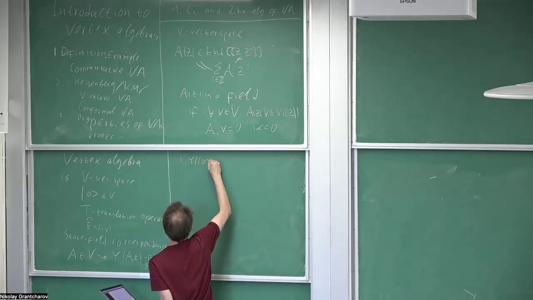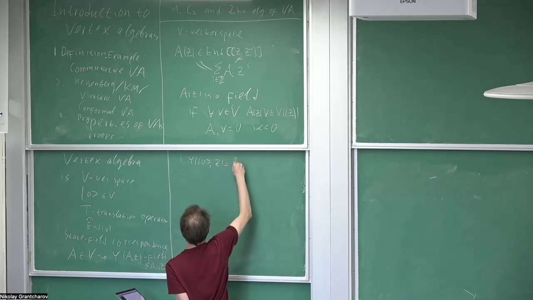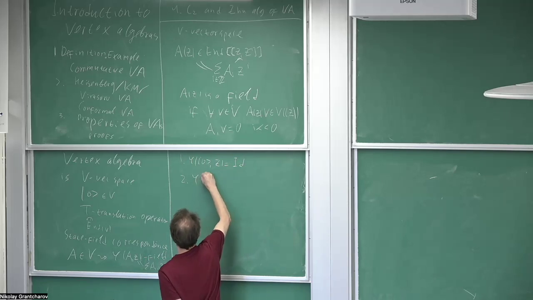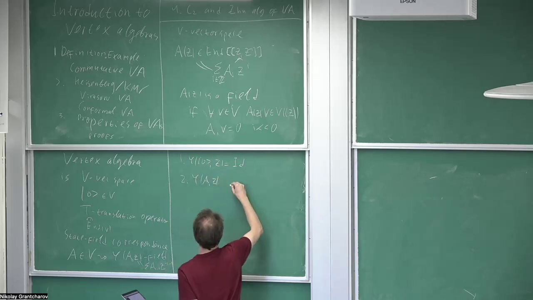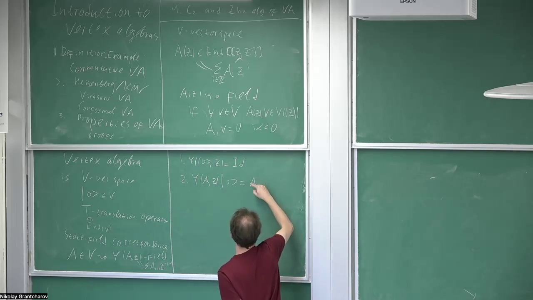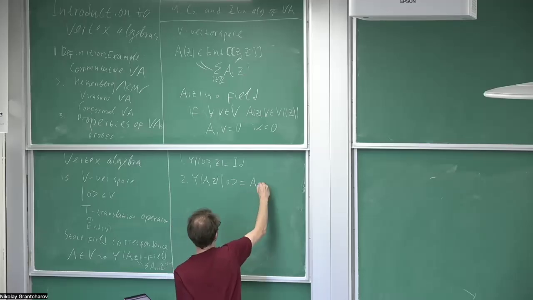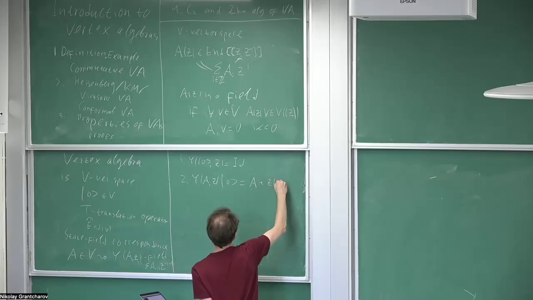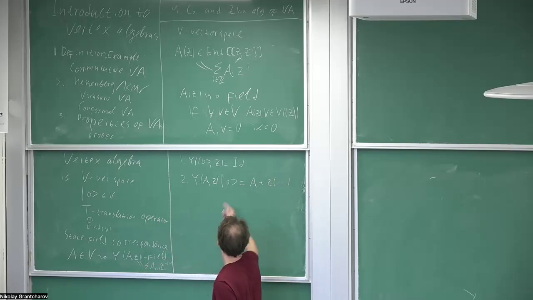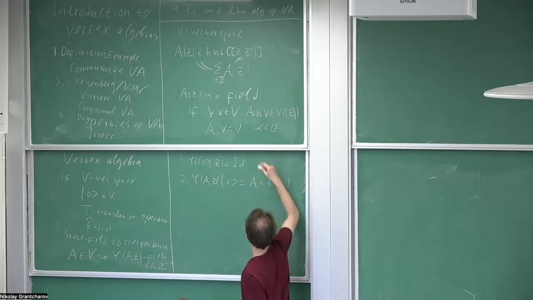Nothing interesting happens with the vacuum vector. Second, if I apply the field to the vacuum vector, I get the first term A, the vector I start with, plus z times something else. So it's not a Laurent series as required by the definition of a field, but it's a Taylor series.